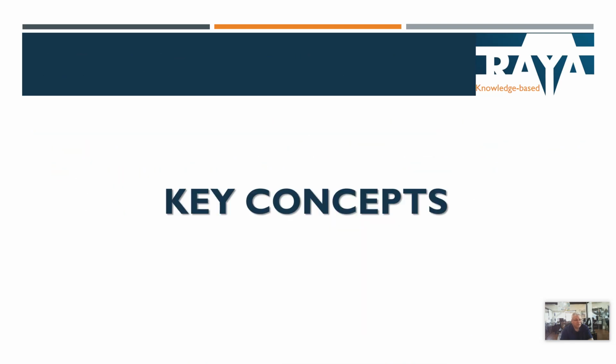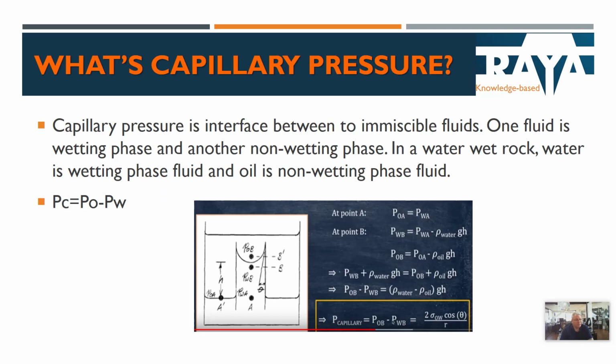Okay, first I would like to explain some key concepts related to capillary pressure. What's capillary pressure? Capillary pressure is the interaction and interface between two immiscible fluids. One fluid is the wetting phase and the other fluid is the non-wetting phase.